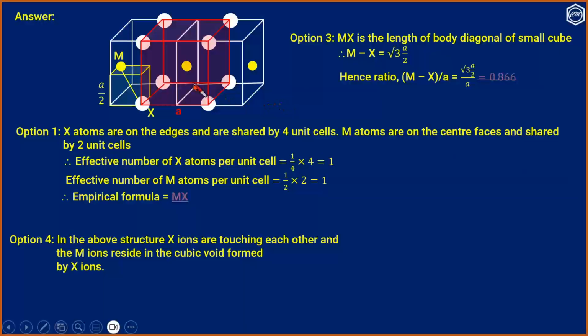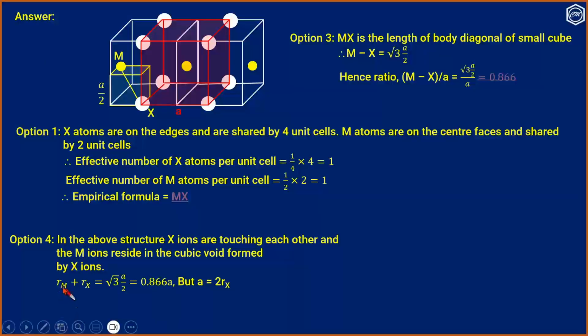In this structure, the M ion resides in the cubic void formed by the X ions. Now, if you look at the small cube, actually this M ion and X ion must touch each other. So this MX distance will be radius of the M ion plus radius of the X ion, and that is the body diagonal of the small cube.